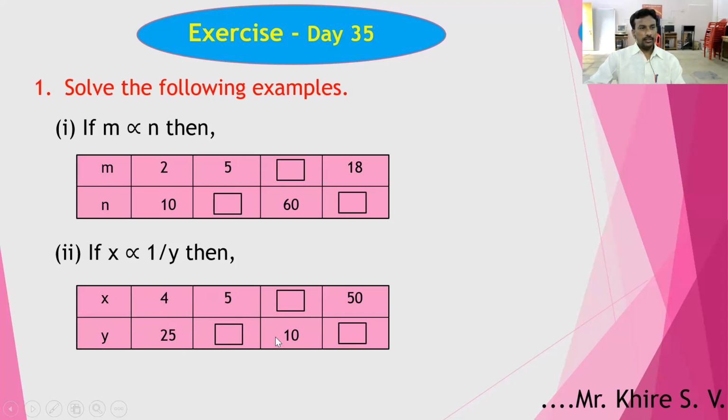If y is equal to 10, then find the value of x in the second box. If the value of x is 50, then find the value of y here. Complete these boxes by using correct answers. Solve all these examples as we have seen above. You have to solve these two exercises.